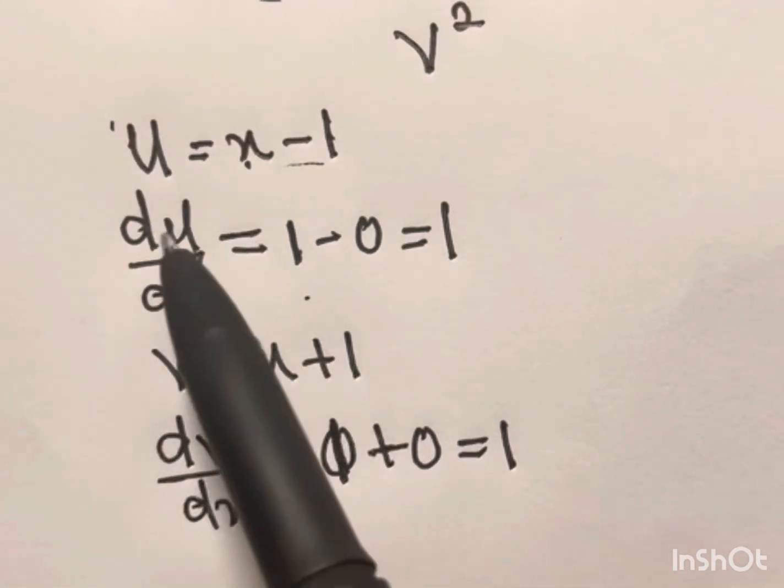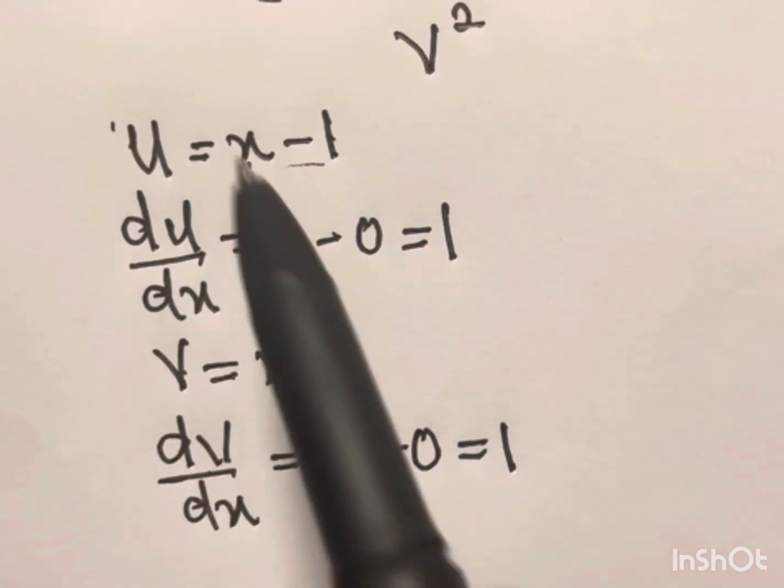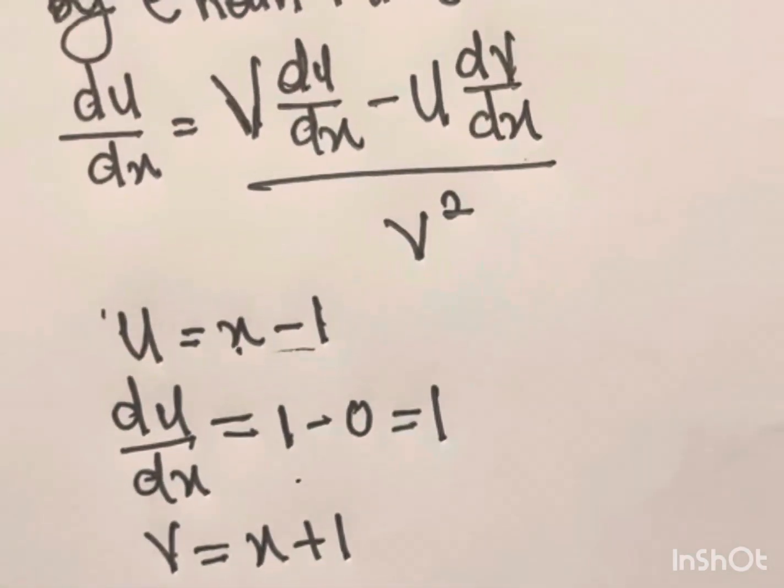Now we substitute these parameters u, du/dx, v, dv/dx into our quotient rule.